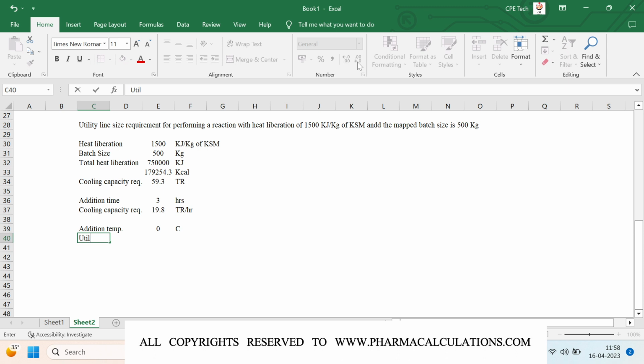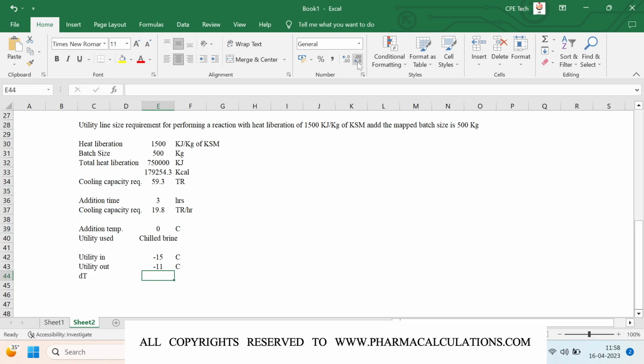The utility used, I'll be considering it as chilled brine, and the utility in temperature is going to be at minus 15 degrees centigrade, and the utility out is going to be approximately minus 11 degrees centigrade. I'm going to consider 4 degrees of delta T.